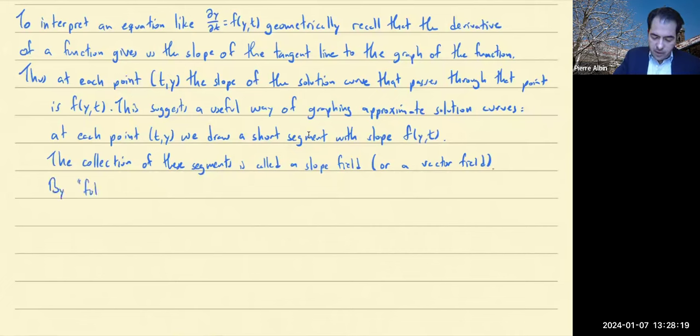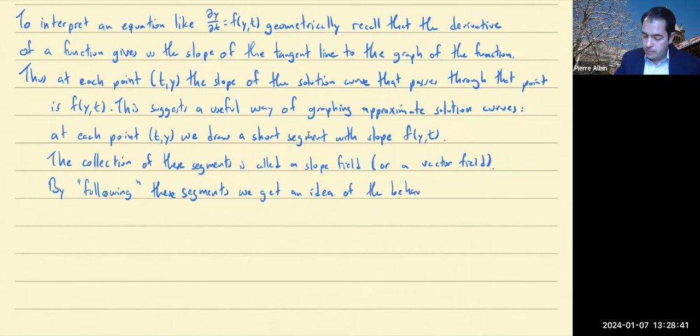Then by following these segments, we get an idea of the behavior of solutions to the equation.